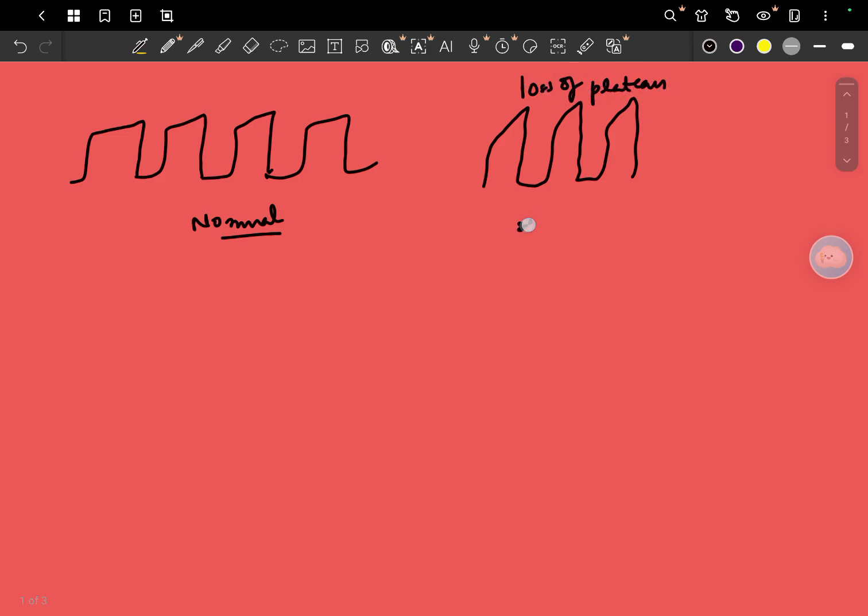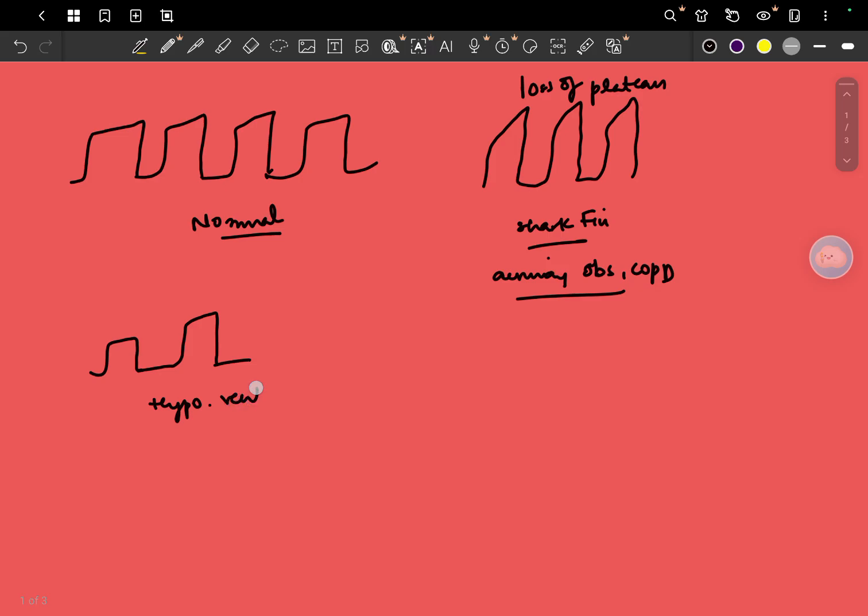This is called shark fin capnography, and it is seen in airway obstruction or in COPD. And then there can be reduced waves, which is indicative of hypoventilation or respiratory acidosis.